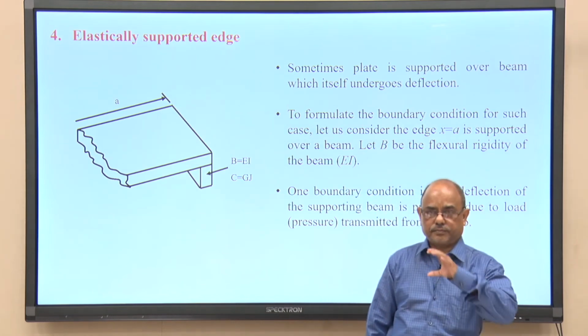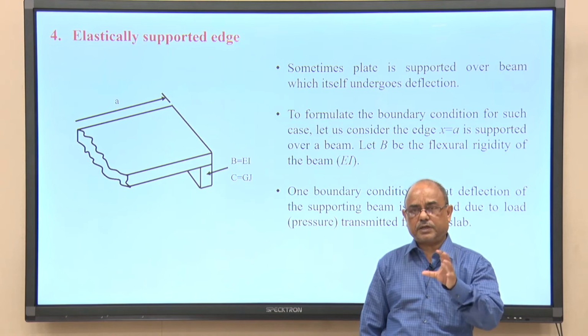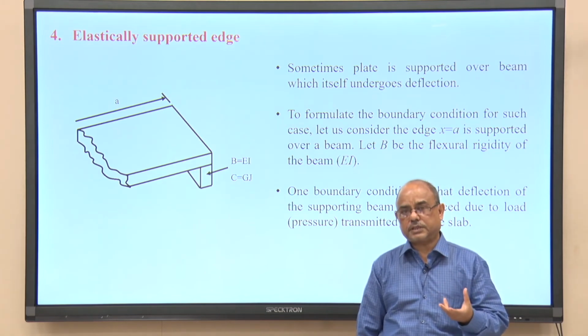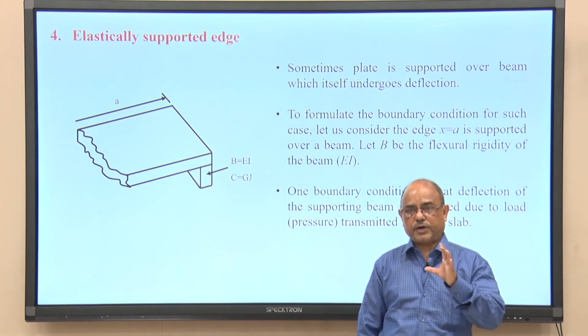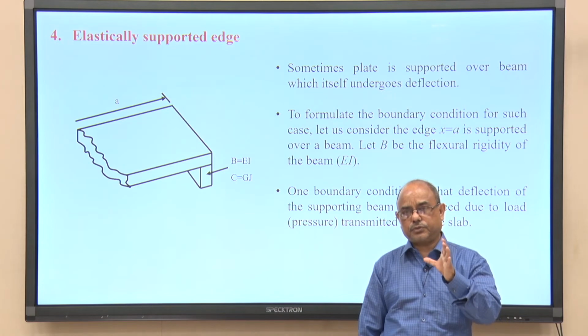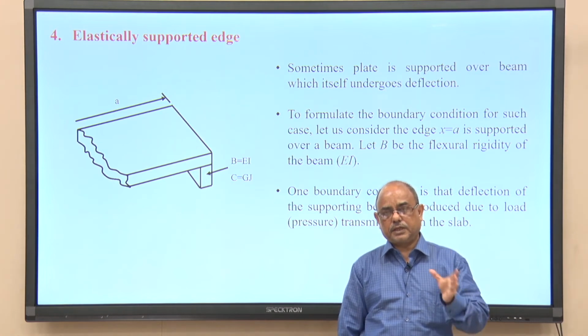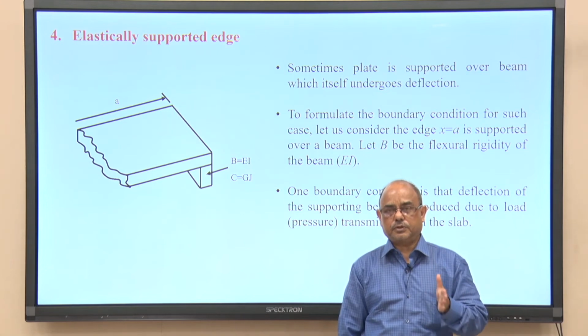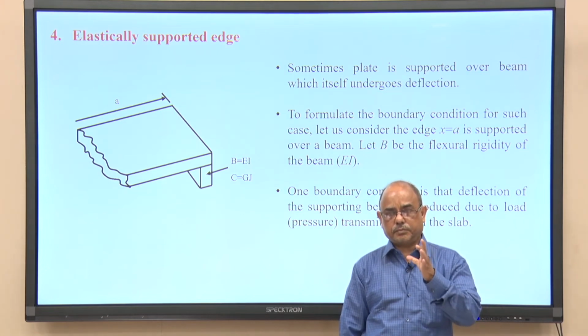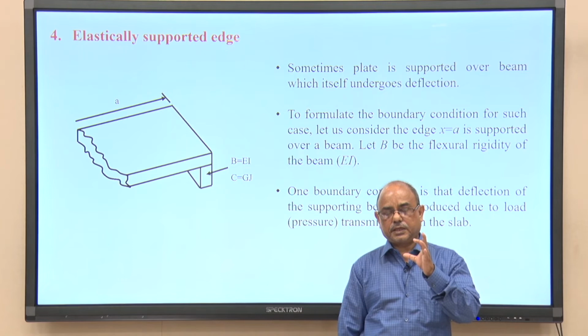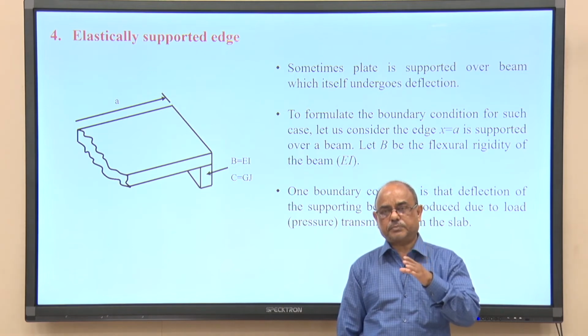slightly difficult to find out, especially for a rectangular section, because you will find that a rigorous solution is obtained for the torsional constant, and a chart was given in the book Theory of Elasticity by Timoshenko for rectangular beams of different width-depth ratios. Okay. So, that you will find.